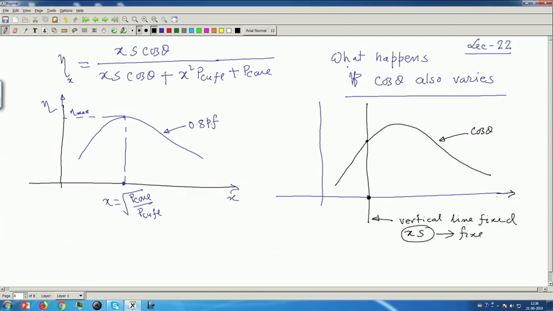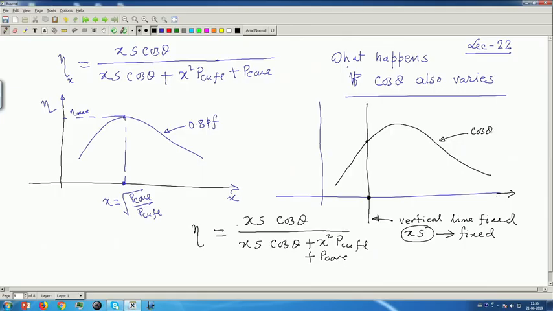I am not going to vary x now, I will vary theta in this expression. Got the point? That is what I mean. Efficiency is now x s cos theta divided by, for a given kVA, x s cos theta plus x square P_CU full load plus P_core. This is the efficiency expression.